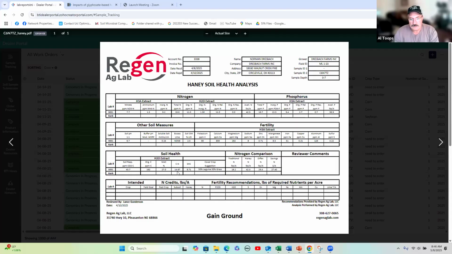We'd like it to be around 10 or 12 to 1. You have more available carbon than you have available nitrogen. The way nitrogen is released is through these organisms that actually help solubilize it. So you can add it in the form of mineral nitrogen, in the form of urea, or anhydrous, or ammonia nitrate, or whatever form you put out there.